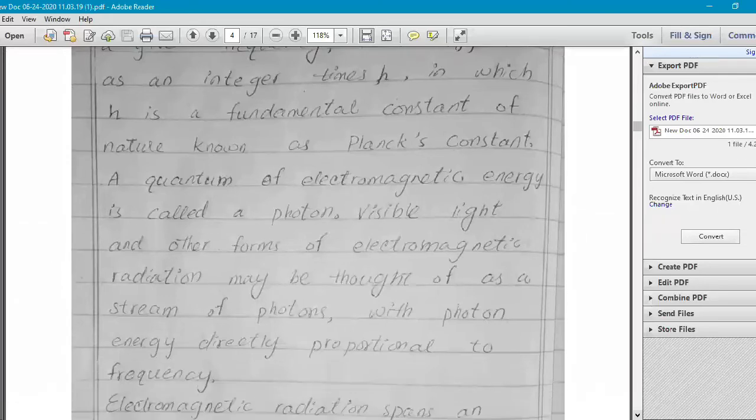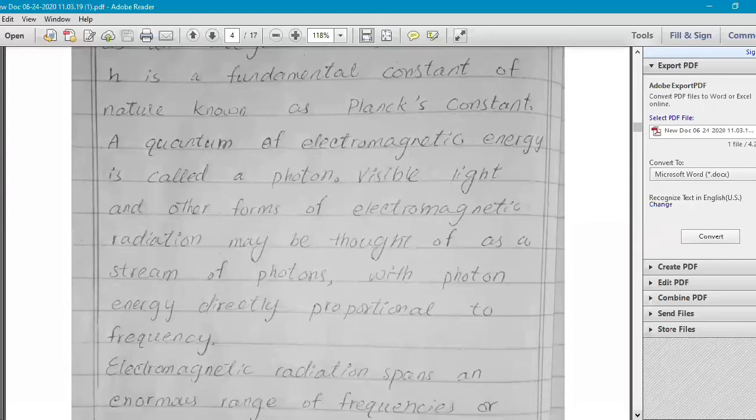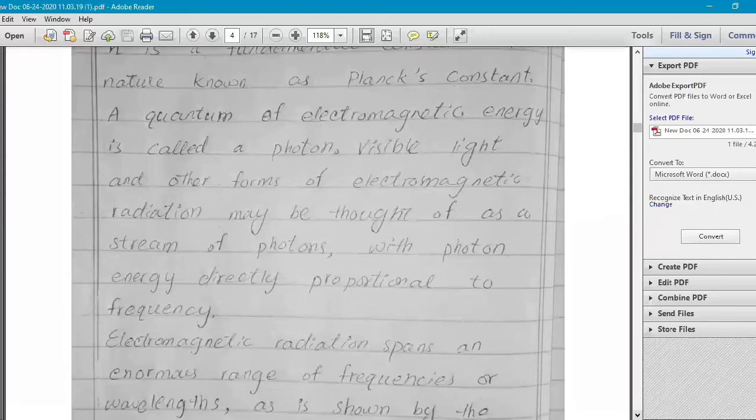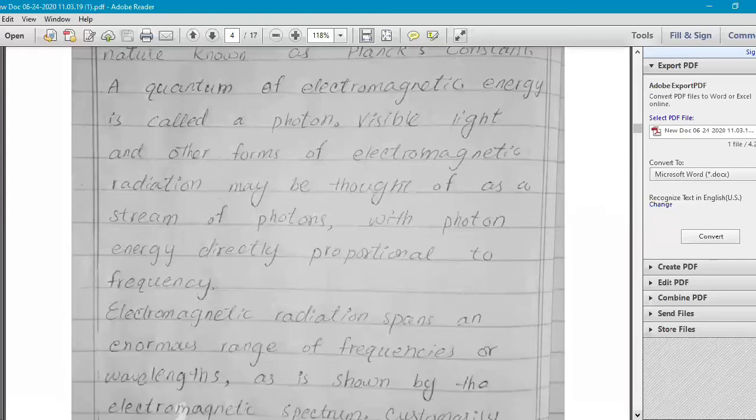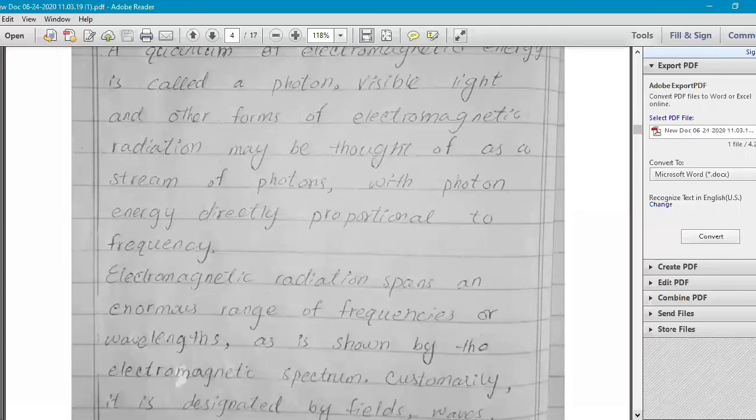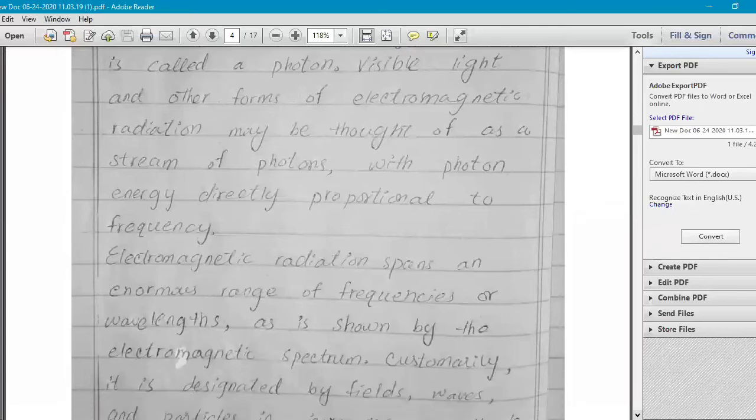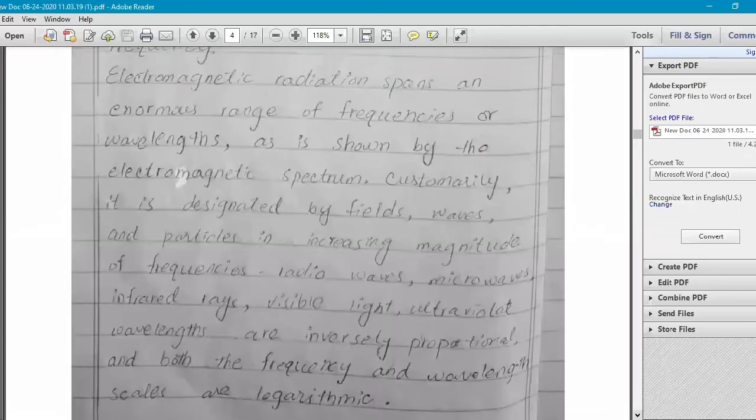Visible light and other forms of electromagnetic radiation may be thought of as a stream of photons with photon energy directly proportional to the frequency. Electromagnetic radiation spans an enormous range of frequencies or wavelengths, as is shown by the electromagnetic spectrum.